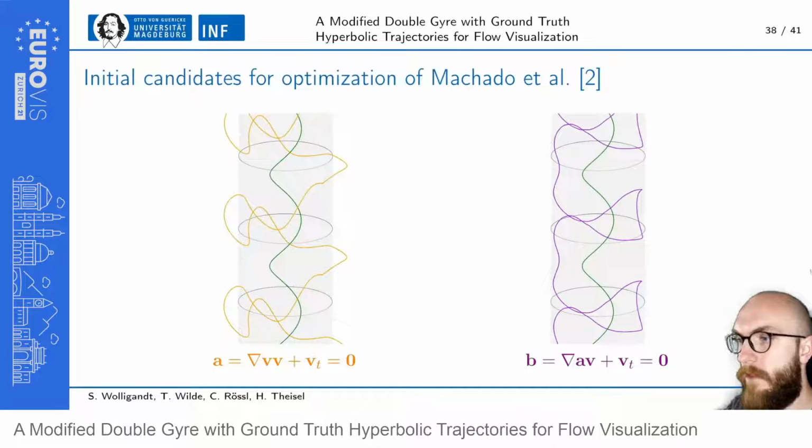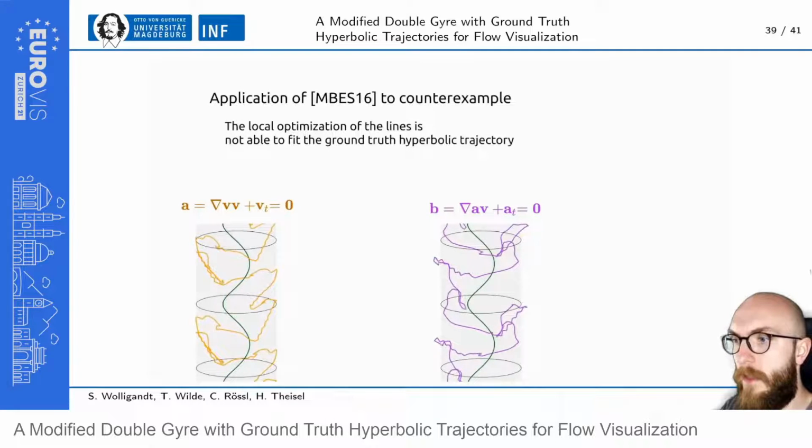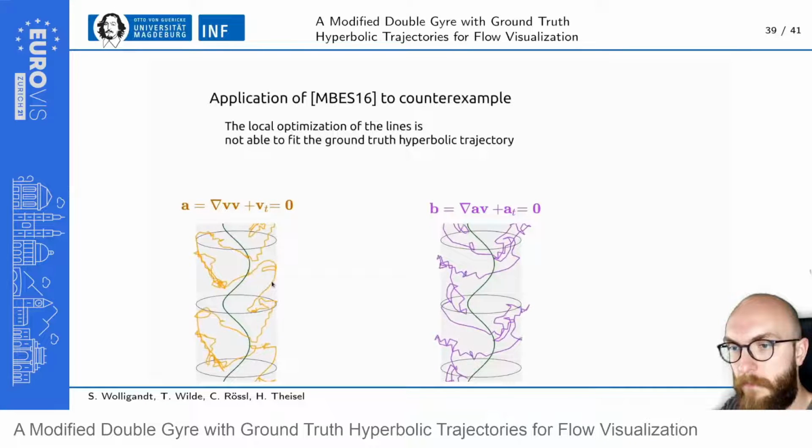In orange and violet you can see the initial candidates that need to be optimized for this second field. These are pretty far away and have rather different shapes from the hyperbolic trajectory. And now when we start the optimization, you can see that the candidate lines seem to stay in local optima. For example here, it doesn't move anymore.